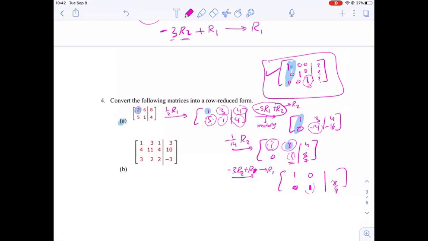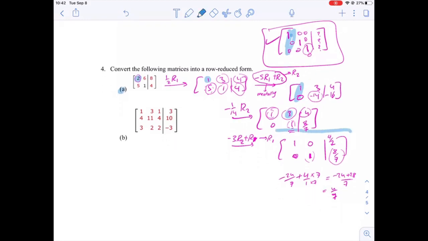And then we multiply 8/7 by -3, we get -24/7, and we add it to 4. We can multiply by 7 to get a common denominator: -24 plus 28 over 7, and that's 4/7. So 4/7, and that's it.